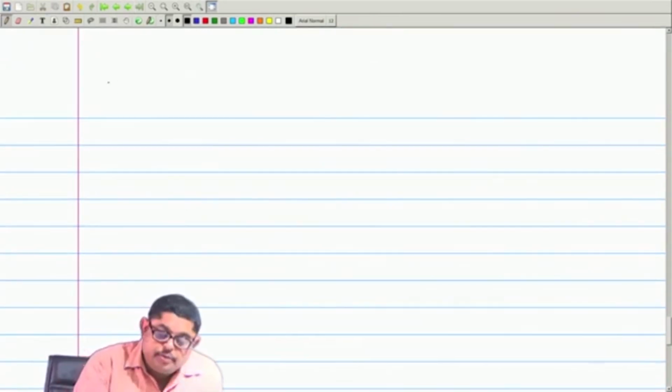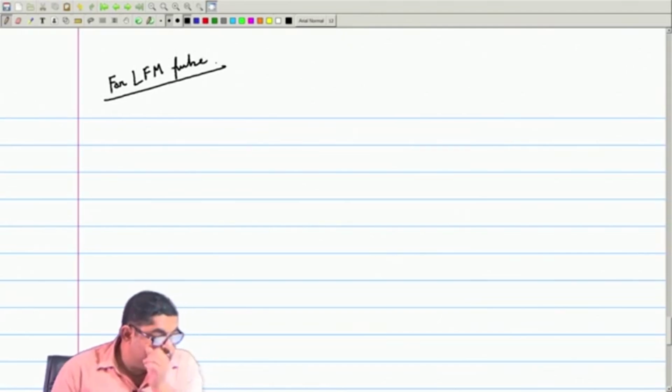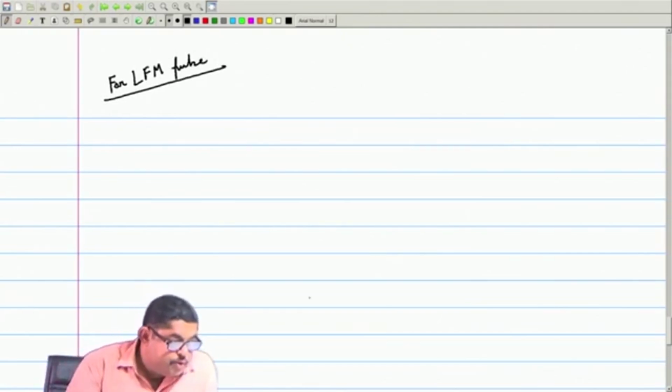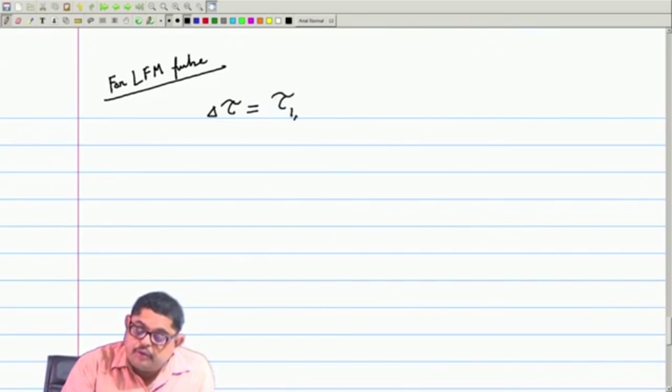And for the LFM pulse, we can find delta t, that will be tau first null minus 0.